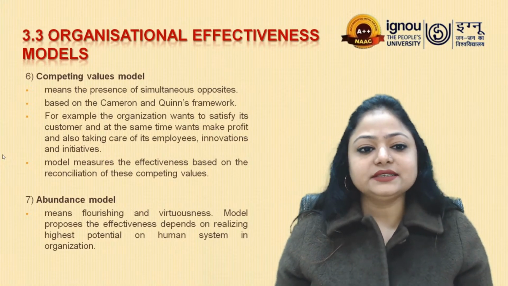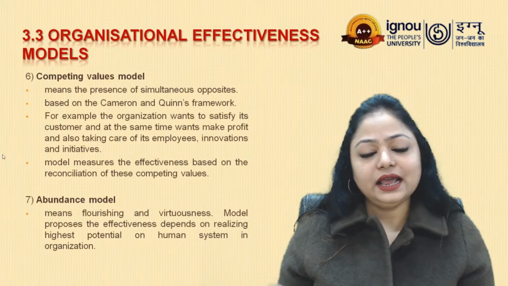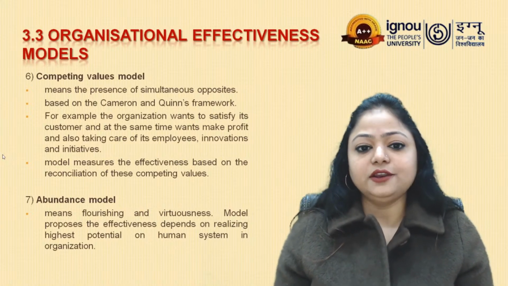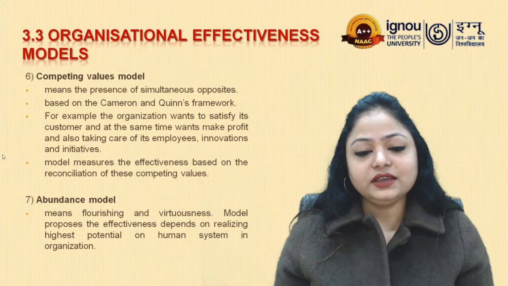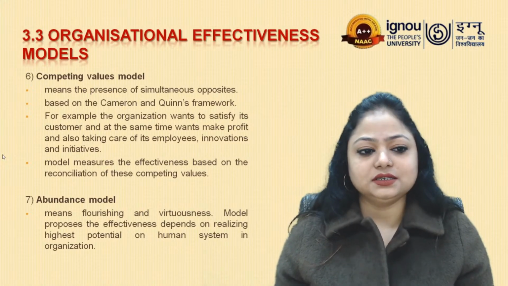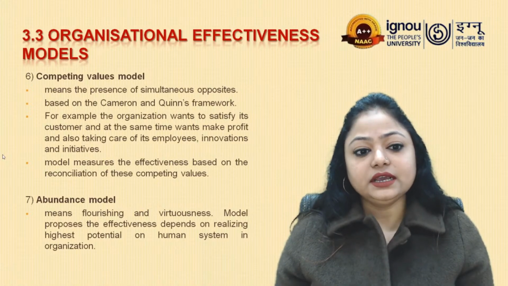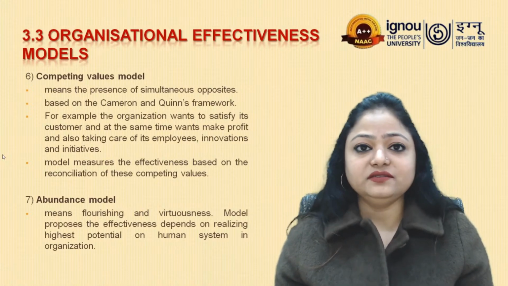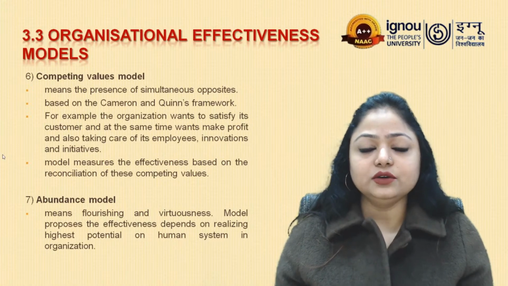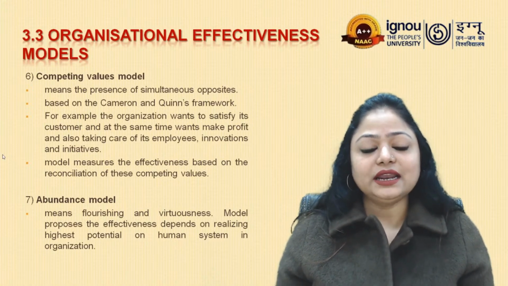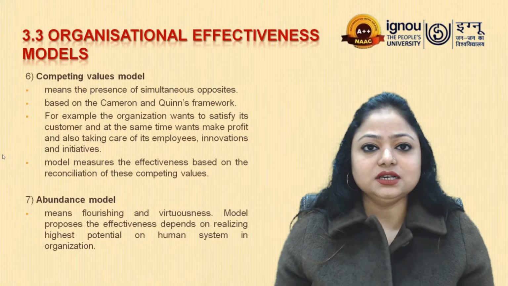It also takes care of the employees as well as focuses on initiatives and innovations that could give it an edge over its competitors. So the model ensures effectiveness based on the reconciliation of these competing values. On one side, looking out for the internal customer, and on the other side, looking out for the external customers.